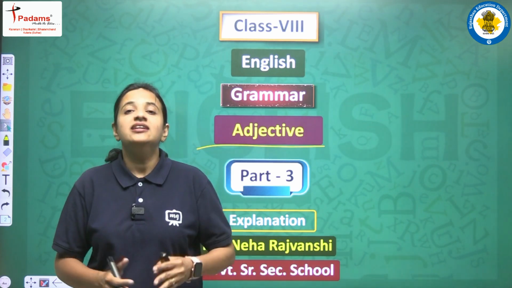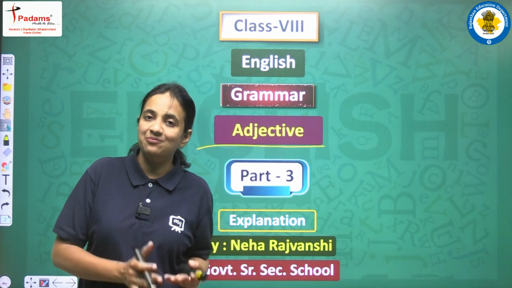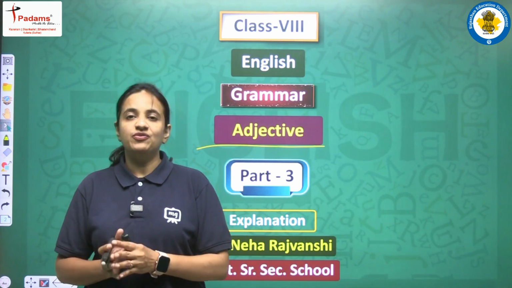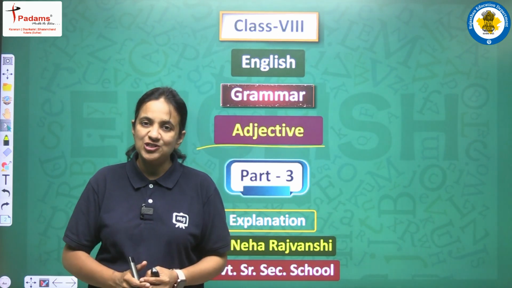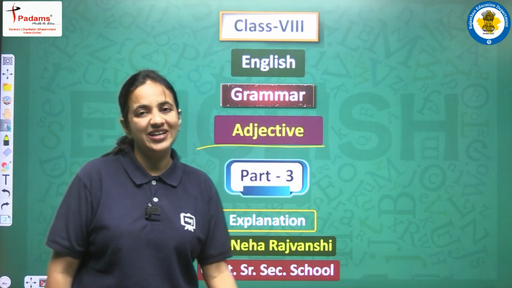And we have seen the different kinds of sentence structures also. We discussed many examples in the previous video, and in today's video also we will continue with the same topic and discuss more about adjective. So now let's begin today's video.